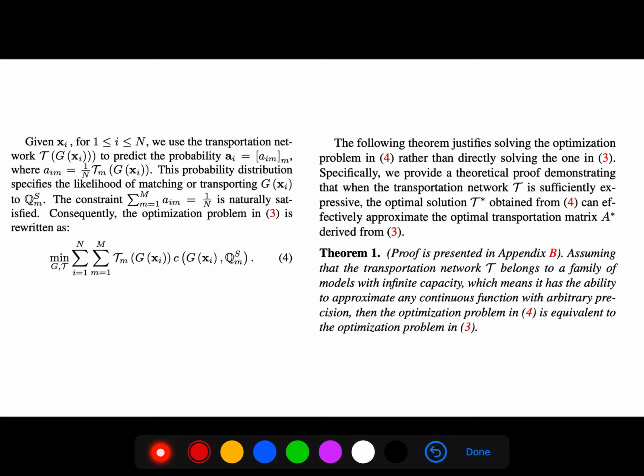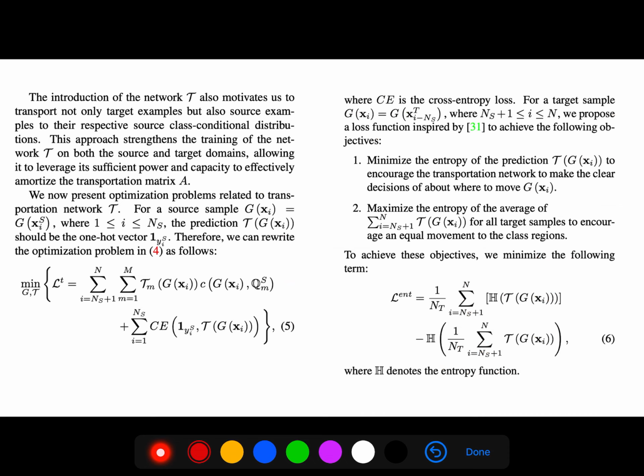And this constraint is naturally satisfied. So the optimization problem can be easily solved with this approach. For a source sample, g of x sub i is equal to g of x sub i sub s. And we can rewrite the optimization problem like this. And this is the cross entropy loss.